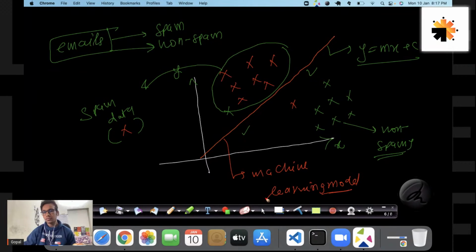Yes, your machine learning model is nothing but a function which follows certain rules, certain constraints. f(x) here, in this case mx plus c, is your linear model.